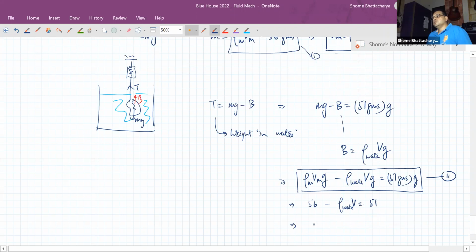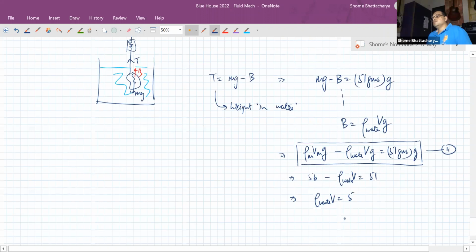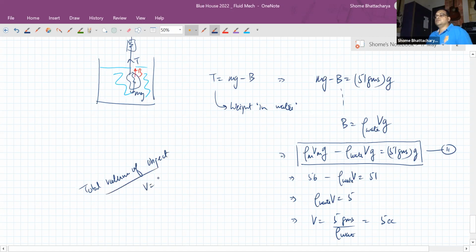So that means the volume of the object itself is 5 grams divided by density of water, which is 1 gram per cc. So it is 5 cc. So the total volume of the object is equal to 5 centimeter cube.